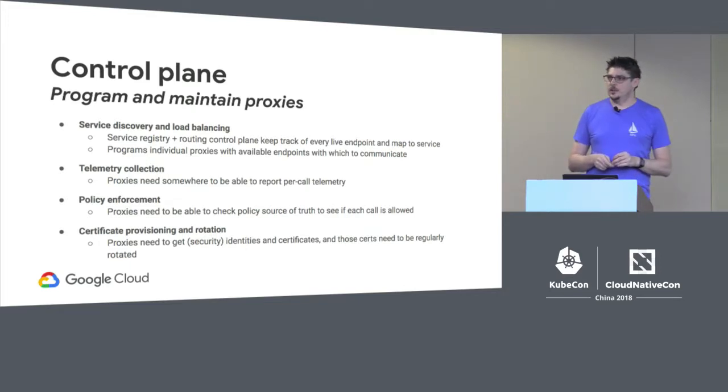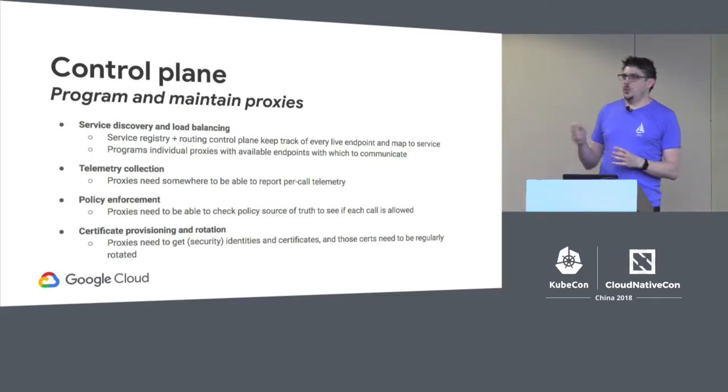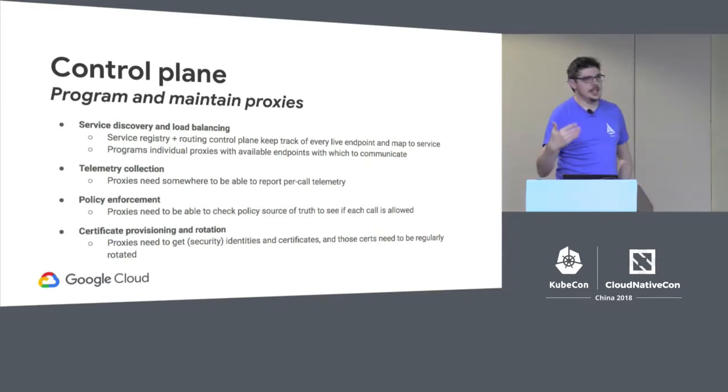So if it is doing round-robin load balancing, for example, it knows the things it needs to round-robin to. It doesn't need to call out to someone else to do that. It needs to teach the proxy servers where to send the metric information. So when it has requests and it reports back the latency and so on, it reports back tracing headers, it sends that to a central place, which is part of the control plane.